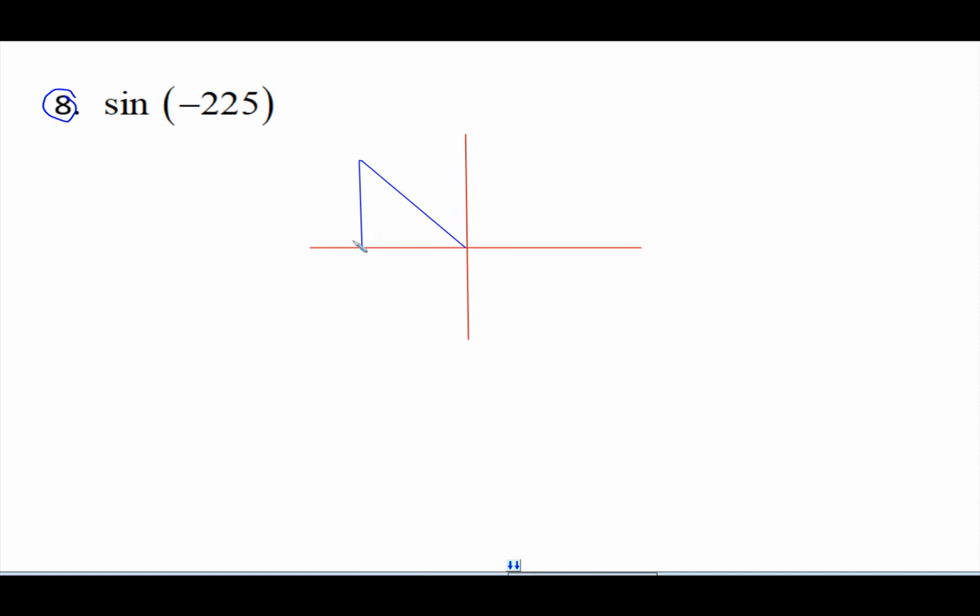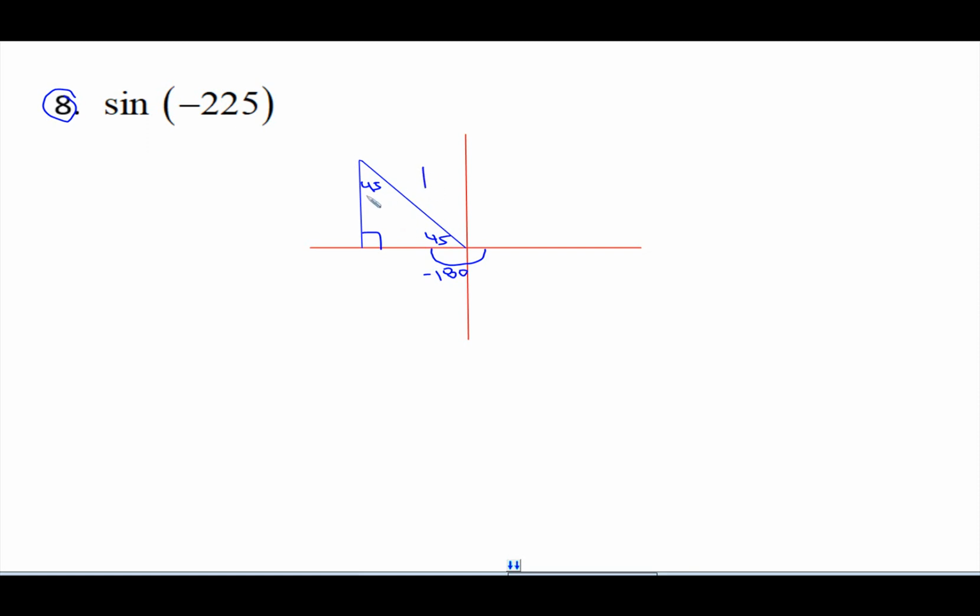So here's our right triangle. Since this here is negative 180, we rotated another 45 degrees to get to 225, so this would be 45. The fact that it's negative or positive doesn't really matter; we just need to know the value so we can find these side lengths. Our hypotenuse, remember, is the radius of the circle, so that's 1.